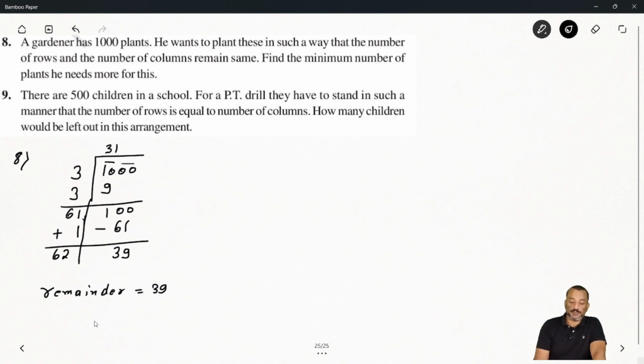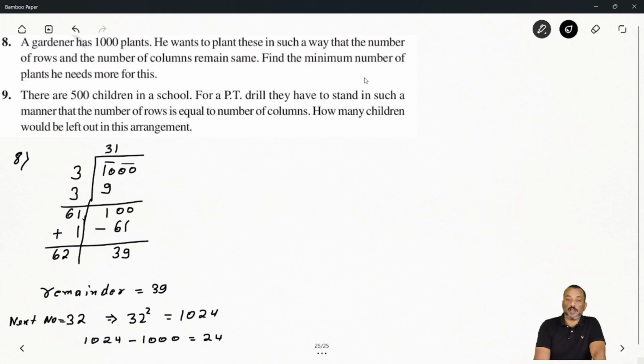So we will first find the square of the next number, that is 32. 32 square will come to 1024. Now we can subtract 1,000 from 1024. So you will get 24.